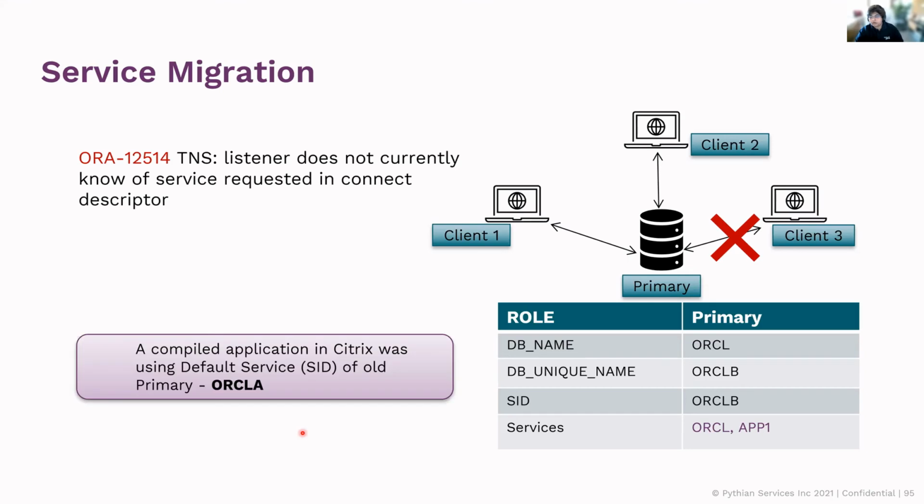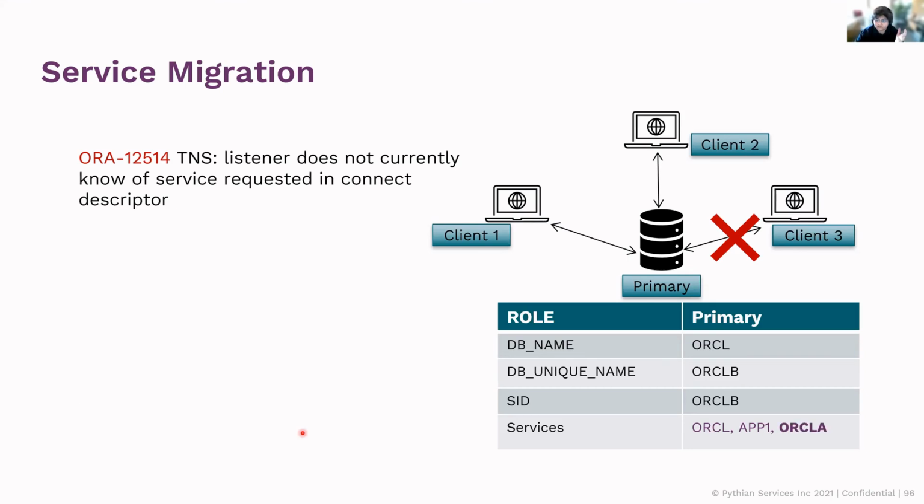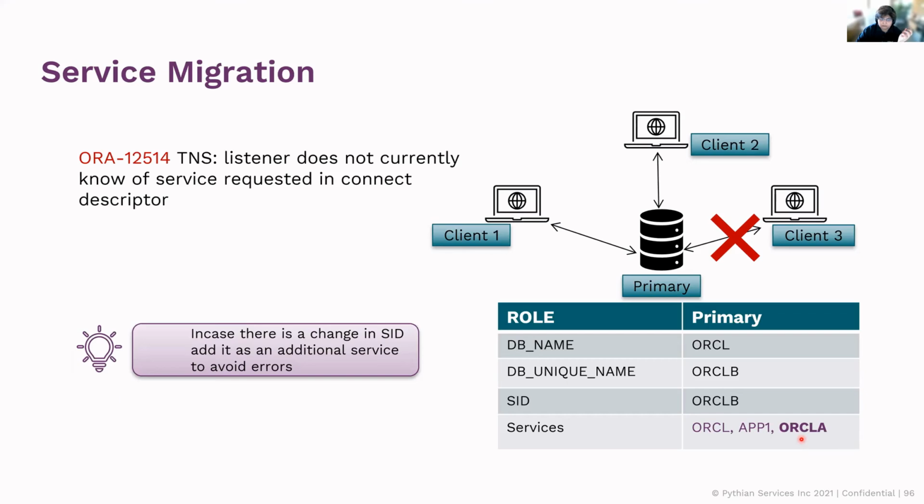So in order to ensure that things work, you'll have to go ahead and add this particular service over here. As a best practice, if there is a change in SID when you're migrating, it's always a good idea to create that particular service for that particular SID as well.